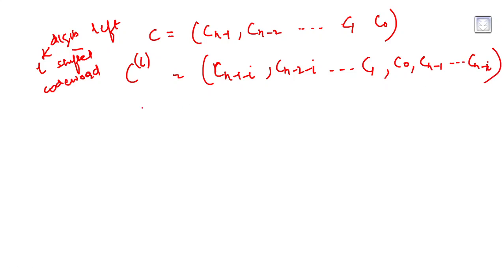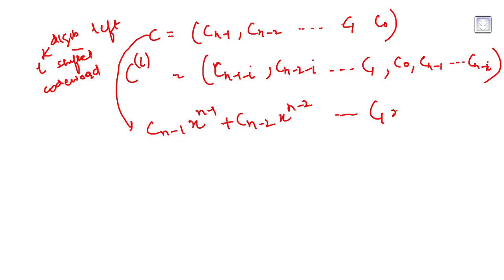Okay, so if I represent this with a polynomial, the polynomial will be c of n minus 1 x to the power of n minus 1 plus c of n minus 2 x to the power of n minus 2 and so on, c1 x plus c0.